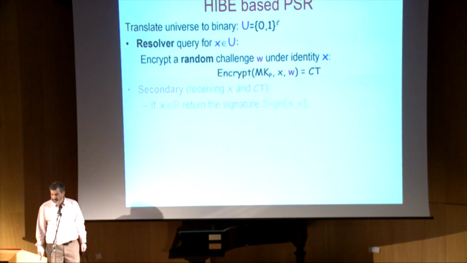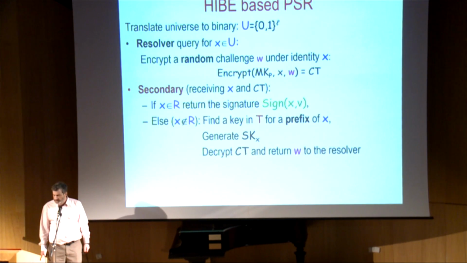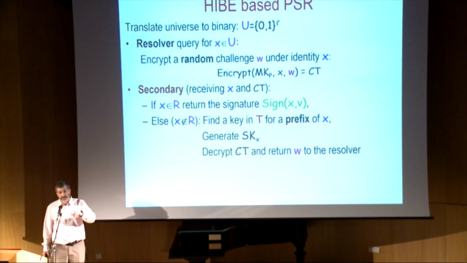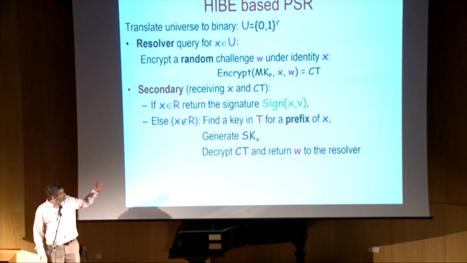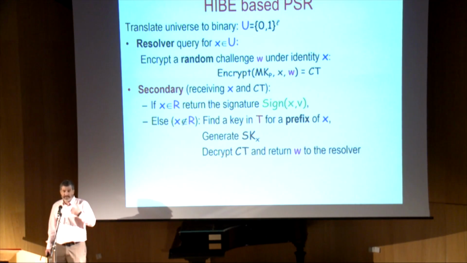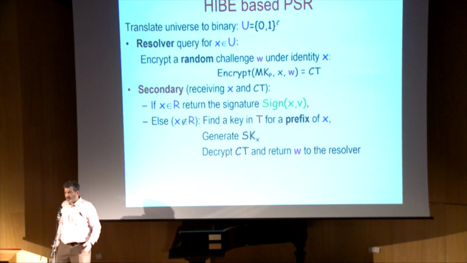Okay, and that's exactly the scheme. Whether you do the decryption or give the key affects somewhat the complexity of the scheme. The harder work can either be done by the secondary or by the resolver.